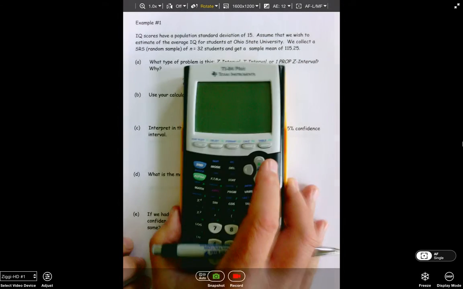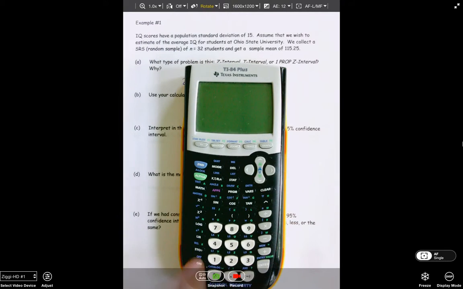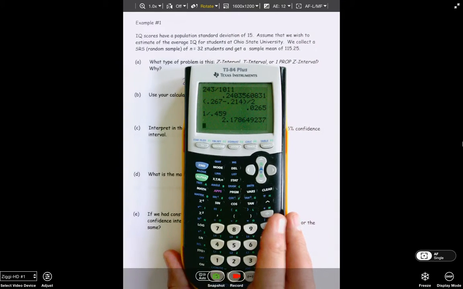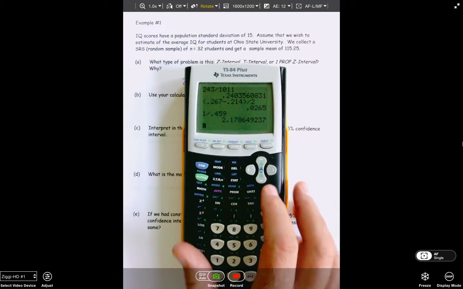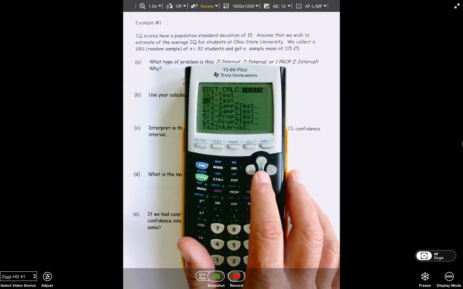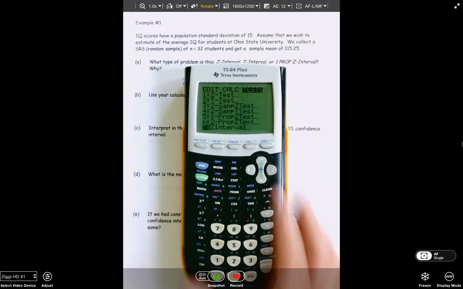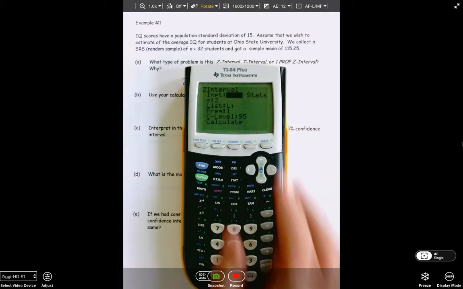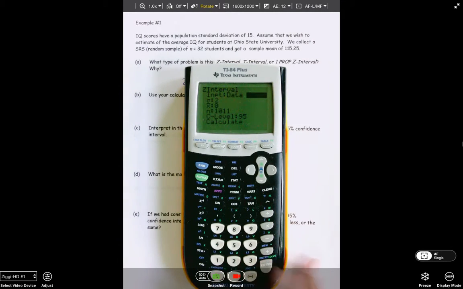So gang, we're just going to use the calculator here. One thing about this introductory statistics course is I'll allow you to make the calculations easily, and then it gives us more time to put in on interpretations. So gang, we're going to go down to z-interval because the population standard deviation is known. I have my statistical results. The population standard deviation is 15.